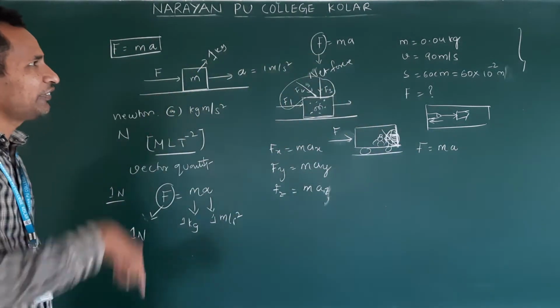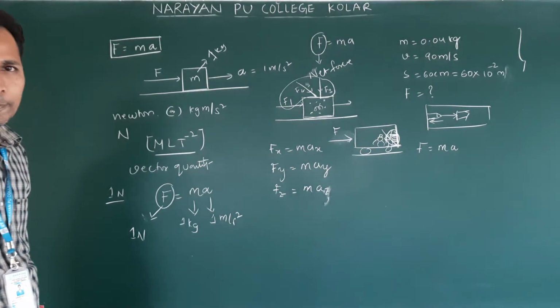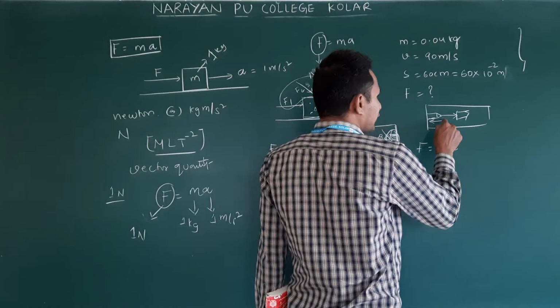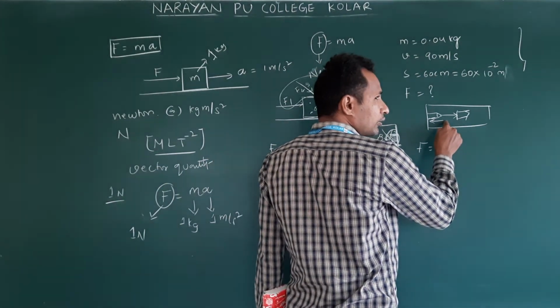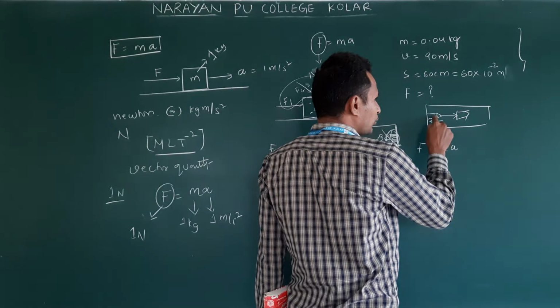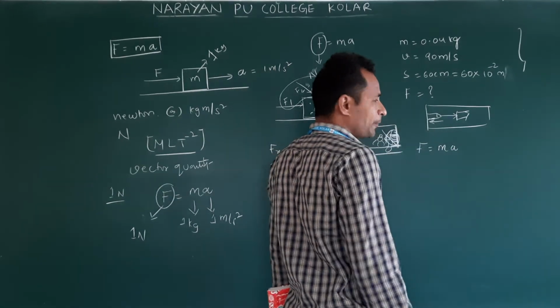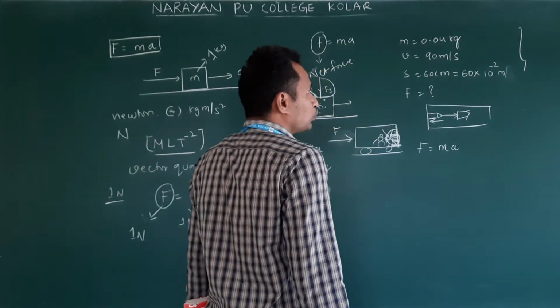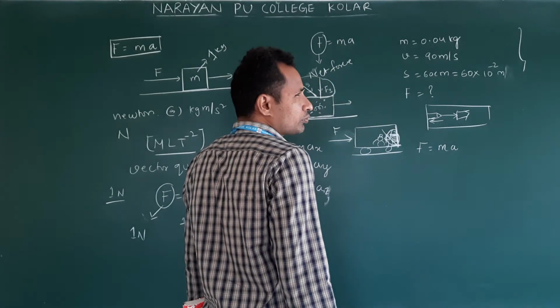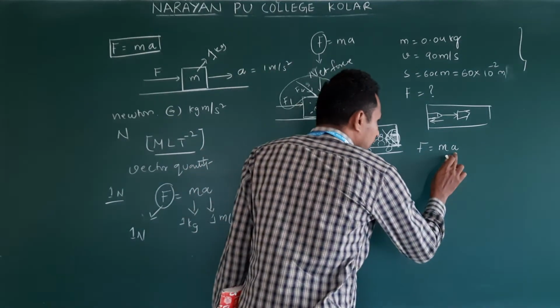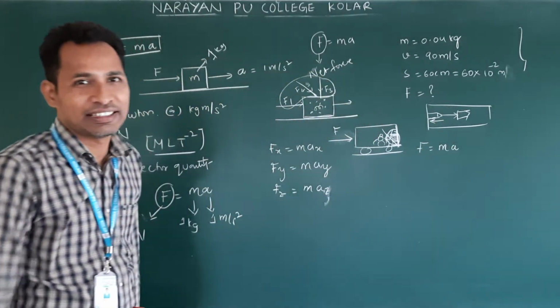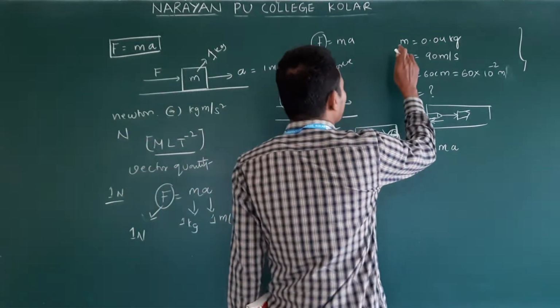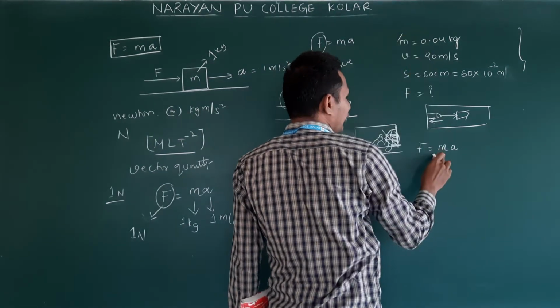M is given. Bullet mass is given. Acceleration is not given. Then how? That is important, framing the relation. We have mass already, no problem.